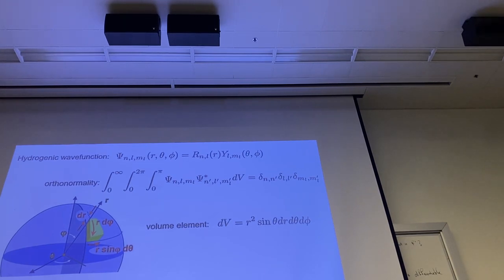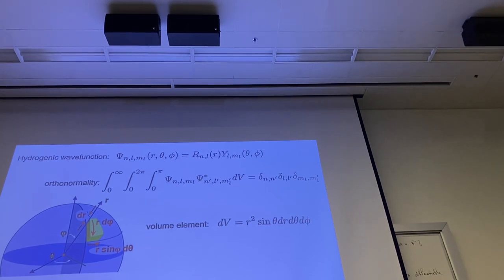Y is a function that depends on theta and phi, so that one is going to be integrated over all angular coordinates. The full sphere is going to be integrated out. Theta runs from 0 to pi, phi runs from 0 to 2 pi. That means I'm going to trace out the entire sphere.